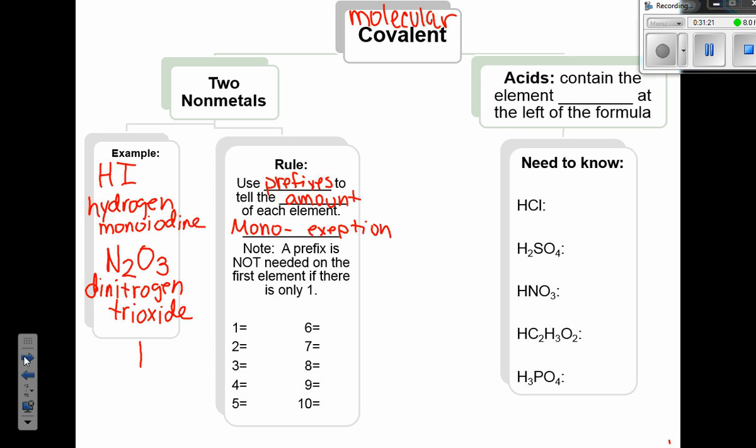So let's go through our prefixes really quick. One is mono. Two is di. Three is tri. Four. Five.